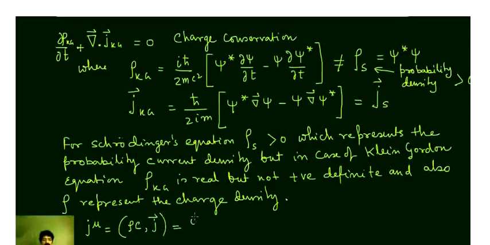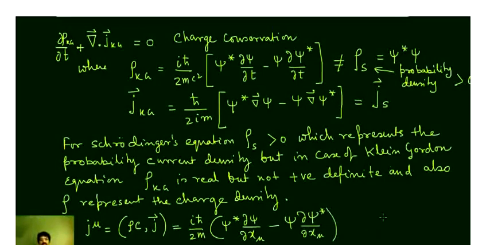So that is i h cut by twice m, psi star del psi del x mu minus psi del psi star del x mu, and the current conservation equation, this charge conservation equation, looks like this.